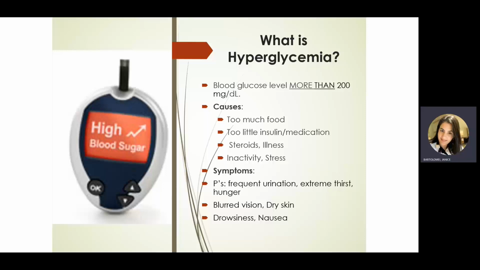The symptoms are all your P's: lots of urine, lots of thirst, and lots of hunger, blurry vision, dry skin. And if they develop to DKA, you might have some nausea and abdominal pain. What we want to do is hydrate them, hydrate, and increase or start giving your insulin or your oral agents.